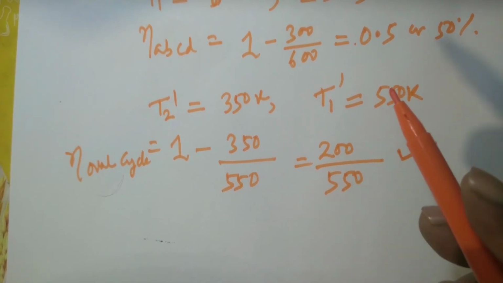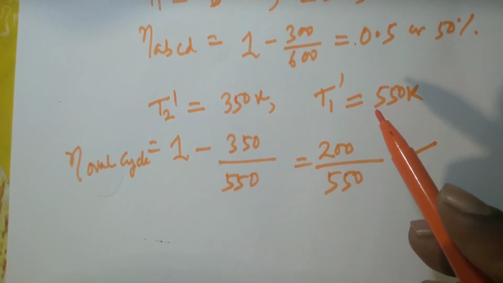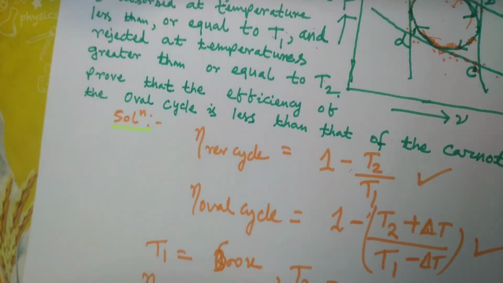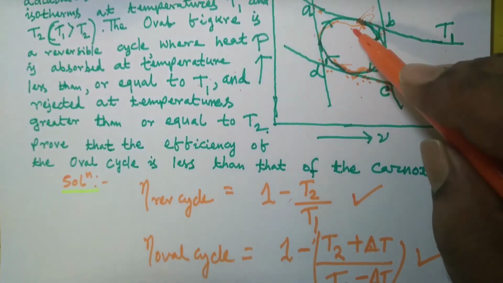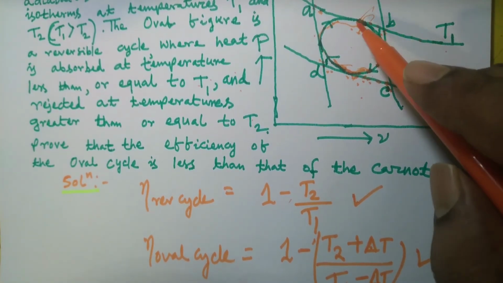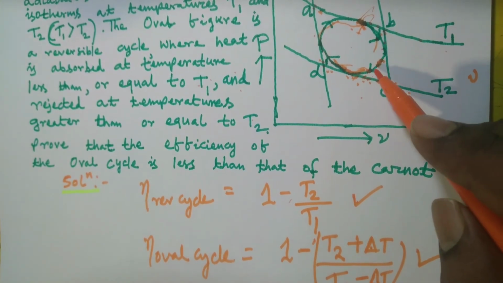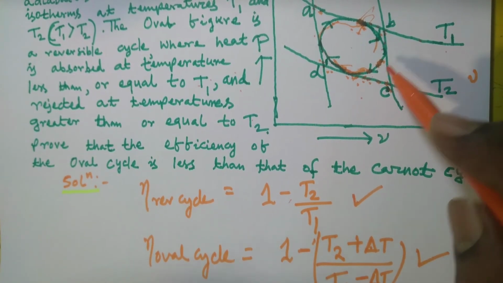So the efficiency of the oval cycle is going to be less than the efficiency of the Carnot cycle when there are some differences in the temperatures at which heat addition and heat rejection take place.